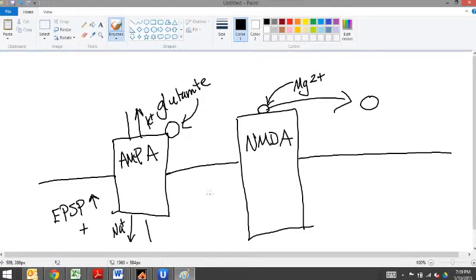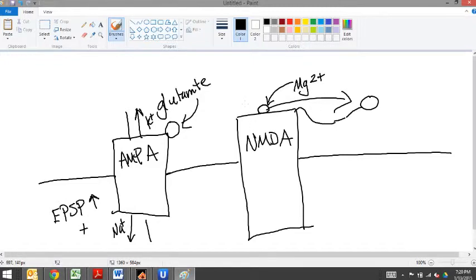Eventually, the neuronal membrane will be depolarized to a certain extent, and that magnesium ion will pop out of the NMDA receptor. And actually, this illustration is so great because it's actually attached by a little bit of a string. It actually is on the bottom too, but it functions well for what we're talking about.